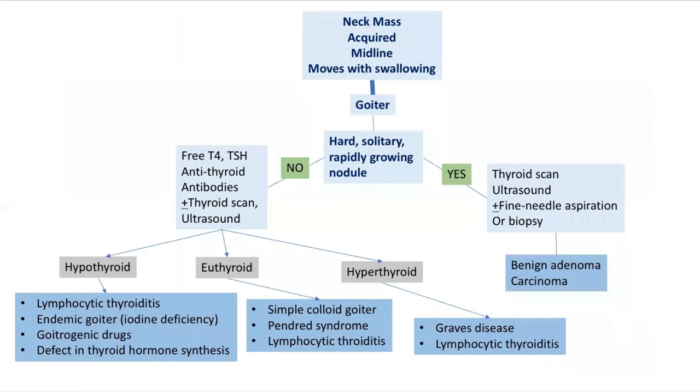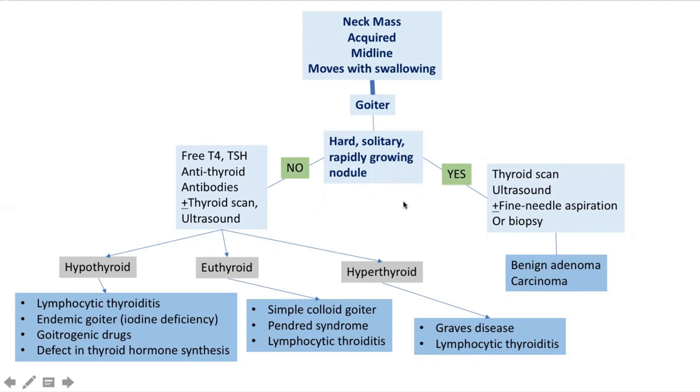So if we have a neck mass which is acquired in the midline and moves with swallowing, we say that this is a goiter. And we ask ourselves by examination, is it hard? Is it solitary? Is it a rapidly growing nodule?